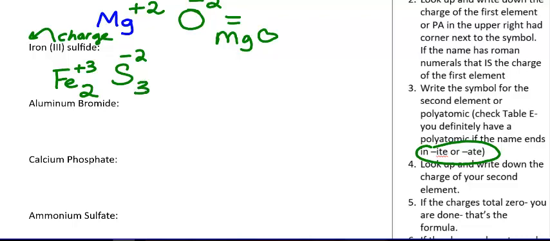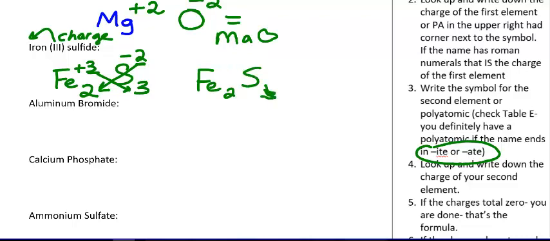So now the positive charge is +6, and the negative charge is -6. Essentially what I've done is I've just brought down this value here and that value there, right? It's a crisscross. So the formula is Fe2S3, okay?